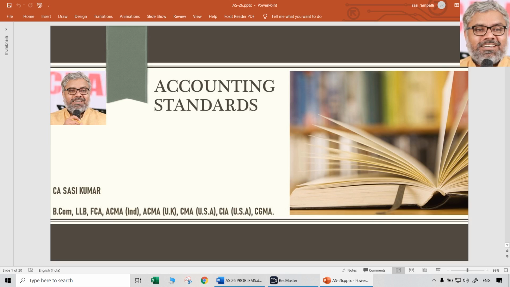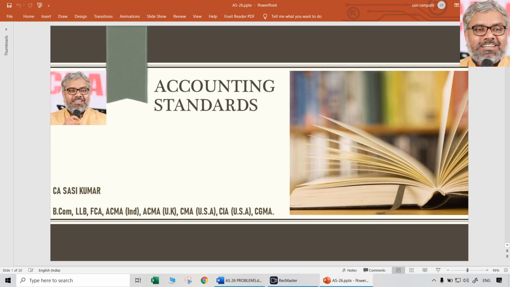In the earlier session, we discussed Accounting Standard 26, which is related to intangible assets, and the criteria for recognition of such intangible assets if they are acquired or even if they are internally developed in the form of research and development expenditure.